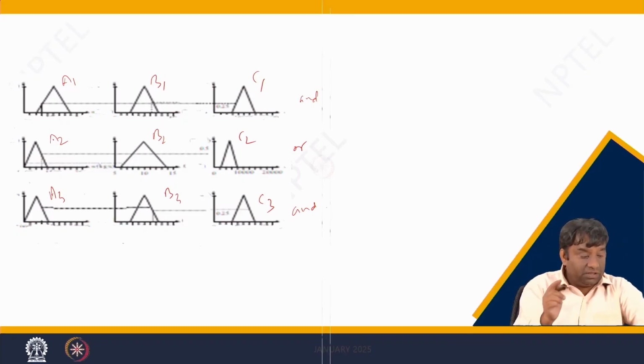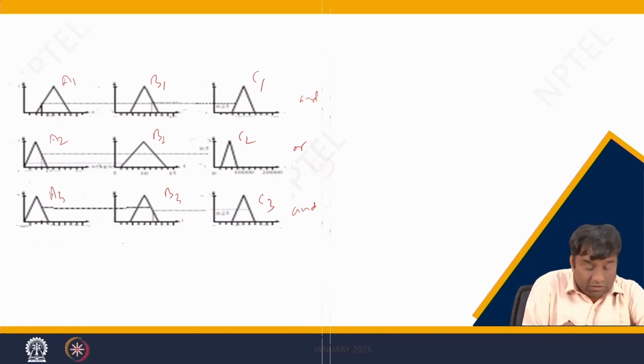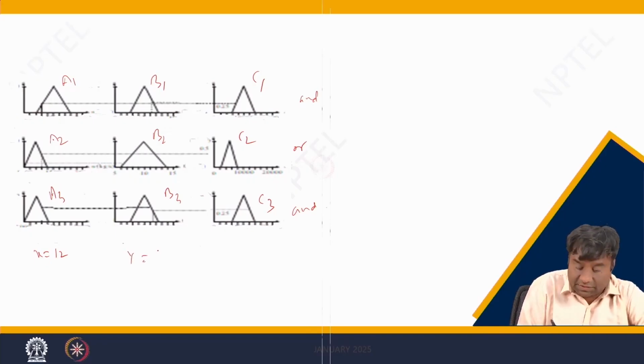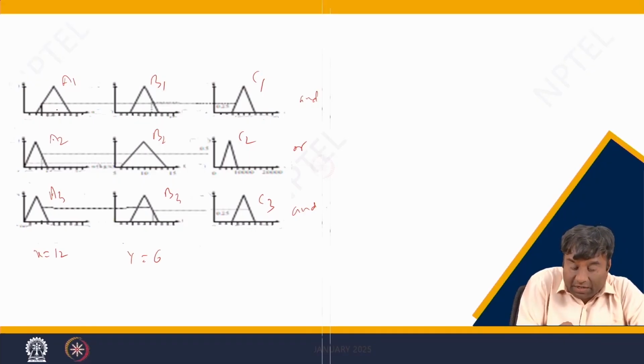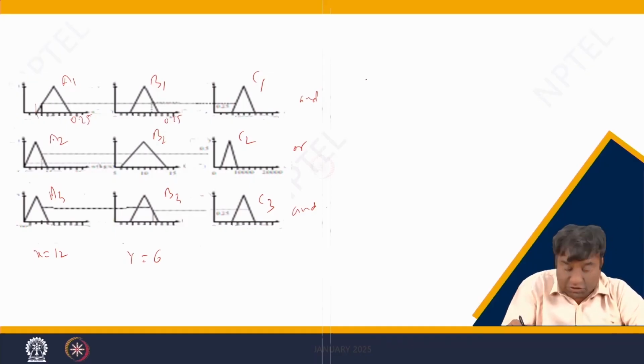We are assuming that x equal to 12 and y equal to 6. So this value we are considering at 0.25, this is also 0.25, so minimum is also 0.25.